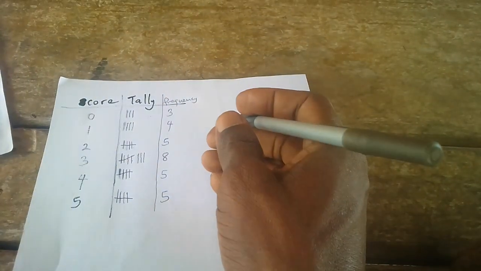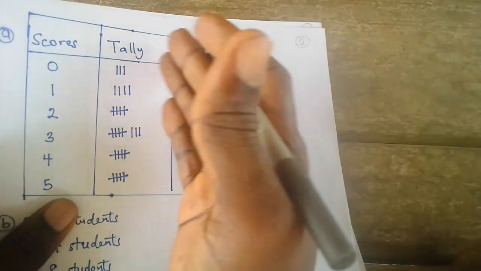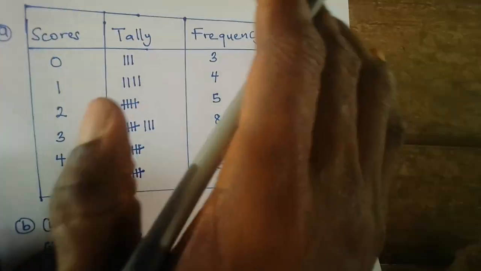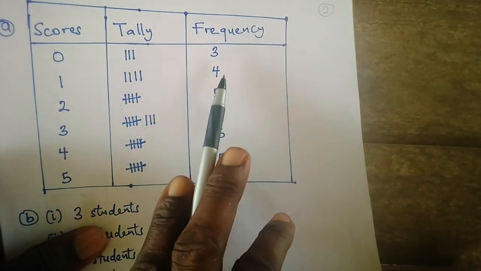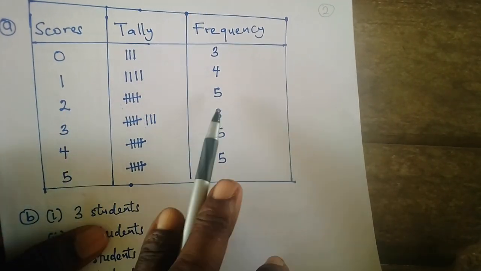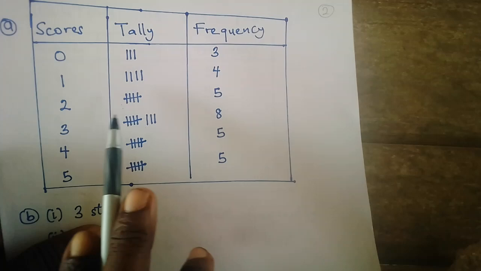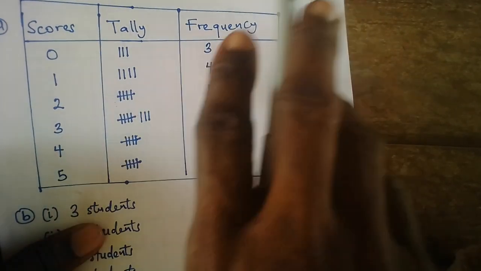So that means if you look at my table, the table is completed here. We're having 3 students scored 0, 4 students scored 1, 5 students scored 2, 8 students scored 3, 5 students scored 4, 5 students scored 5.